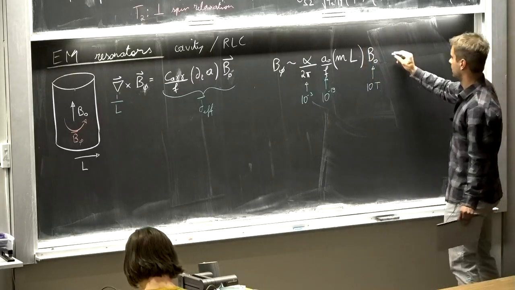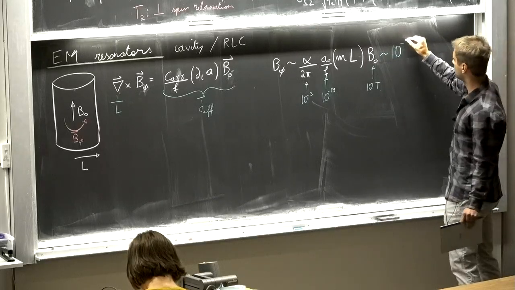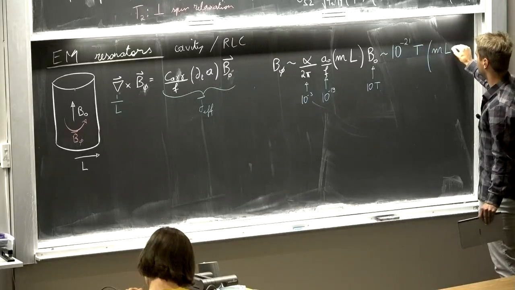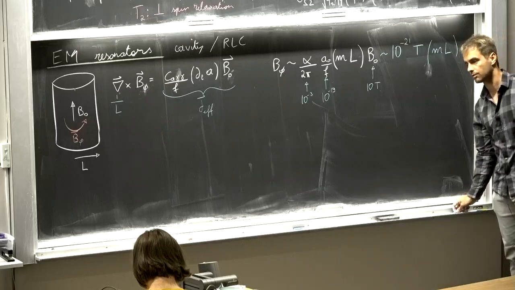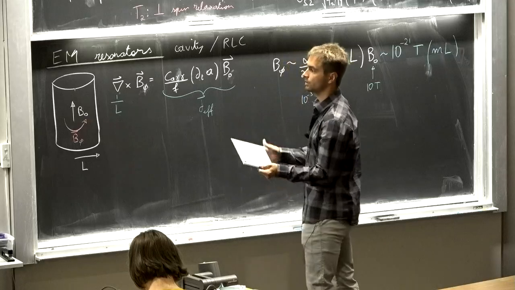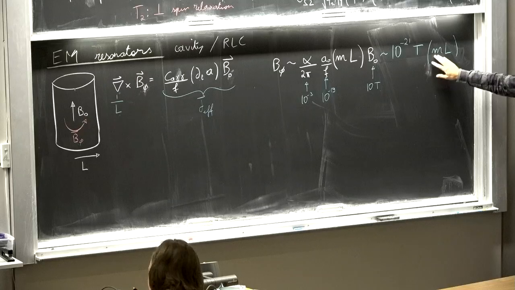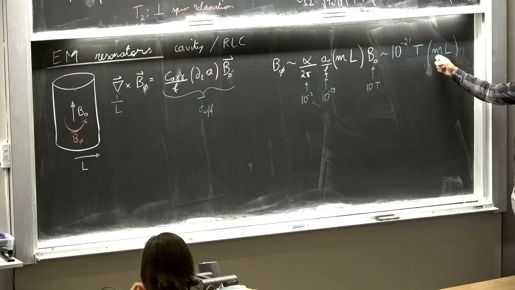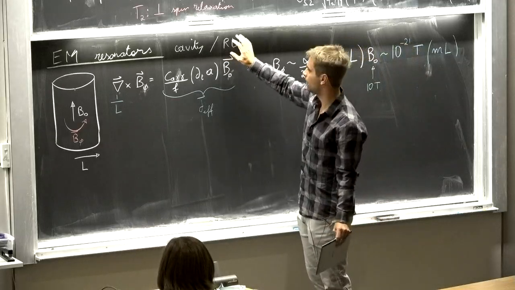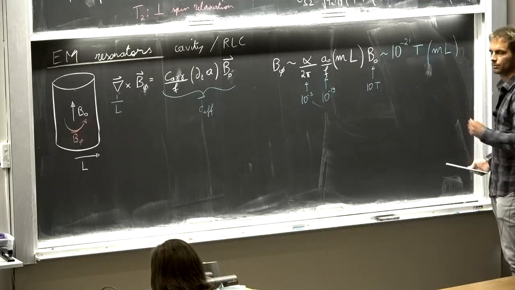So in the end, I get parametrically a signal field of 10 to the minus 21 Tesla, as long as my axion Compton wavelength matches the size of my experiment, so the size of the cavity or the size of the inductor that I have in my RLC circuit. And if the mass is much lower, then there's some suppression. This factor cannot be large because if it is, then my approximation of treating it as a lumped element circuit becomes invalid. In fact, that would lead to some suppression.